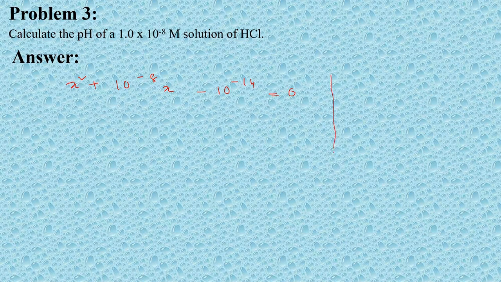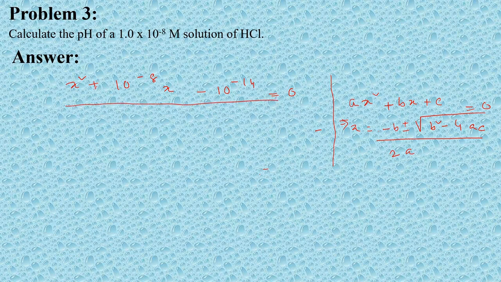We know that if the equation is a x square plus b x plus c is equal to 0, then x is equal to minus b plus minus root over b square minus 4ac, divided by 2a.